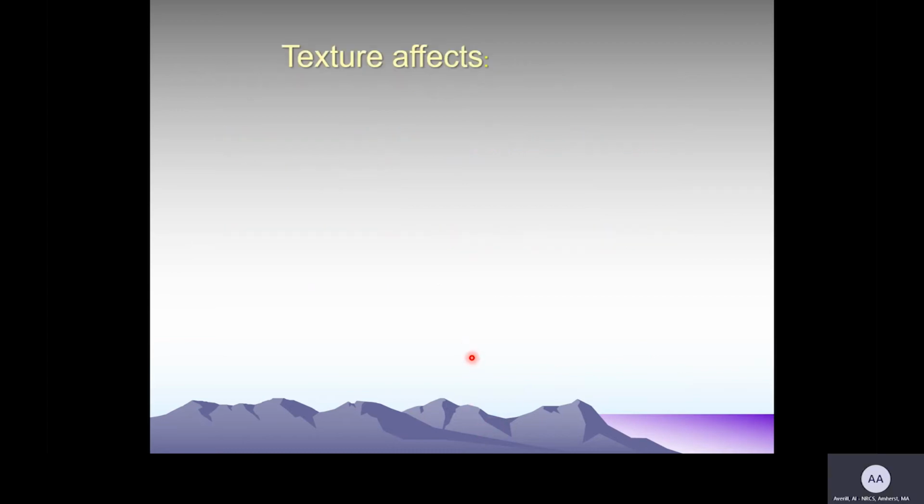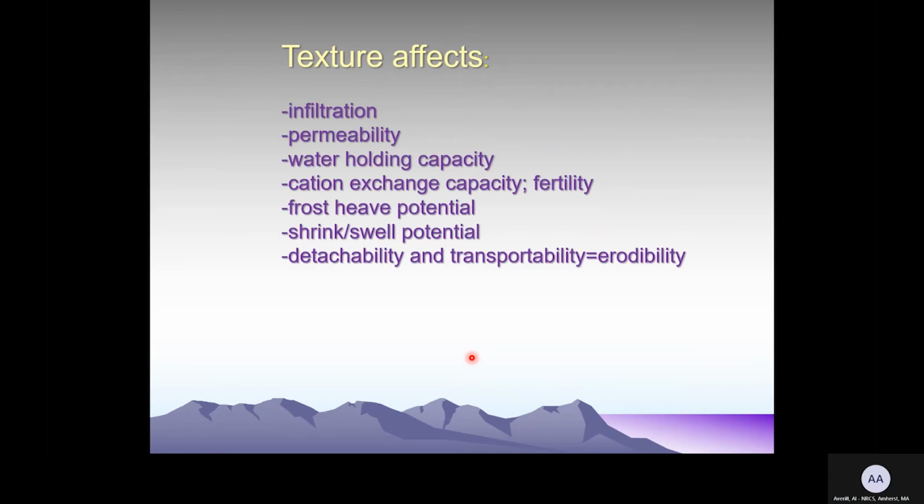Why is texture important? All of these properties affect how well water moves into the soil, how well water and air move through the soil, how much water is held in the soil. The cation exchange capacity refers to the exchange of nutrients in the soil.